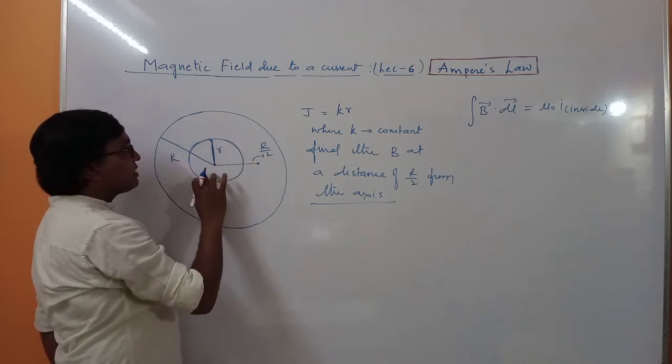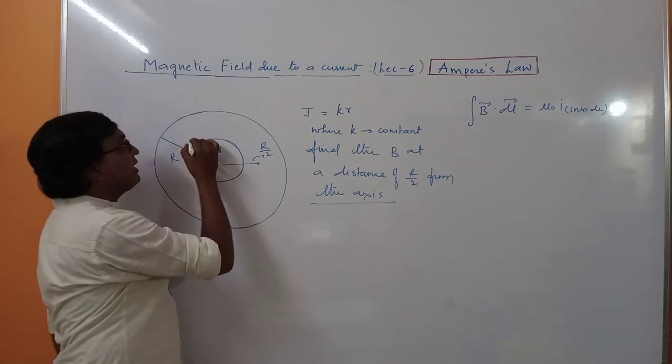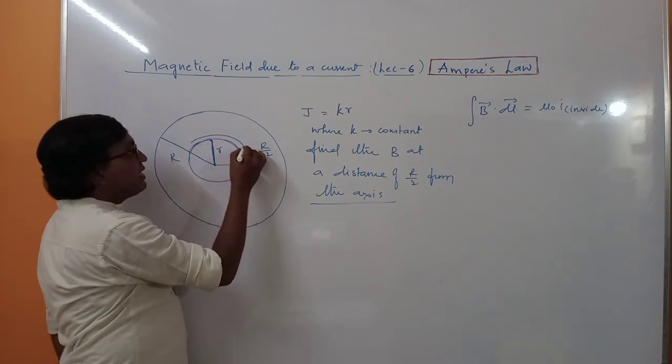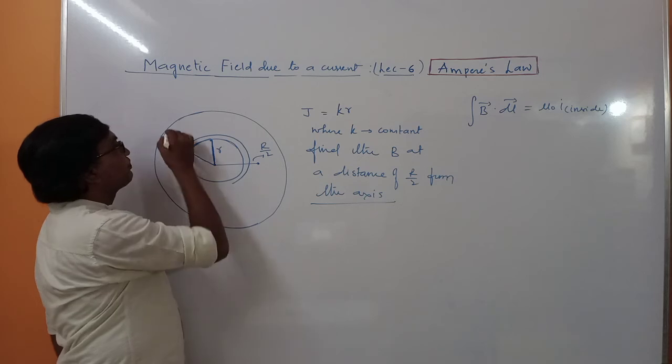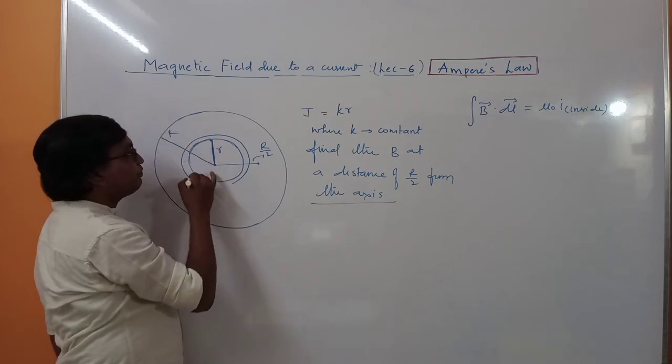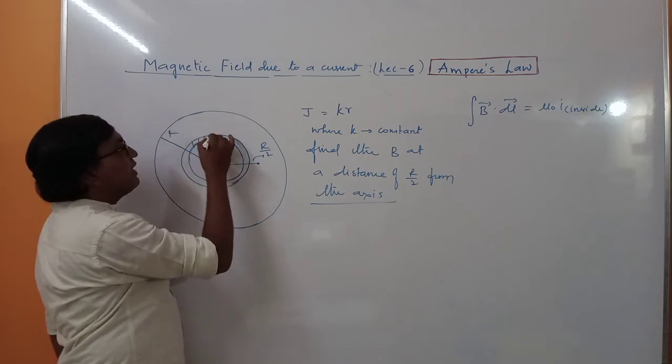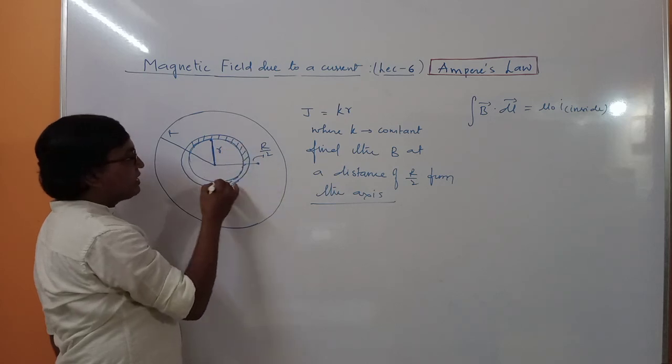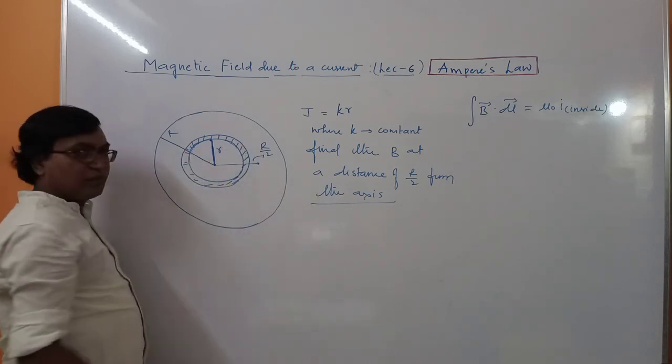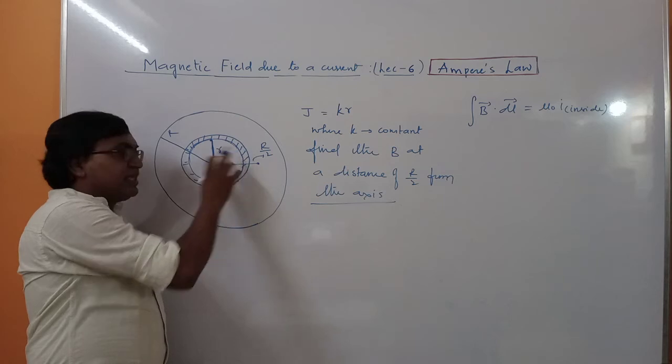At this distance, we'll take a small incremental distance, dr, and find out the current passing through this area.